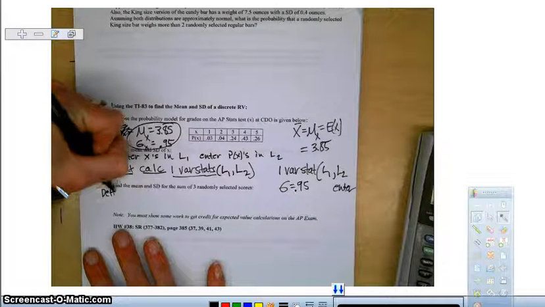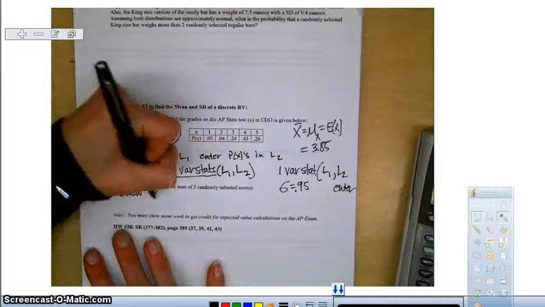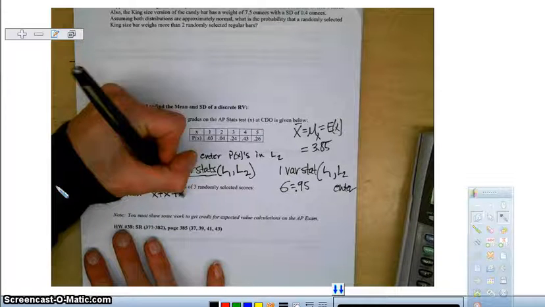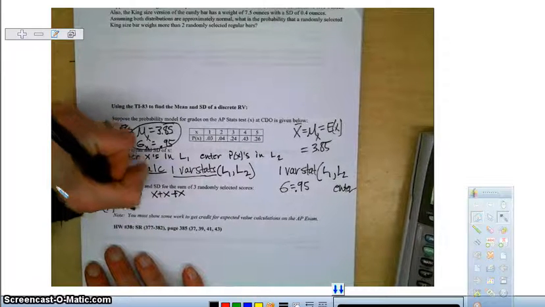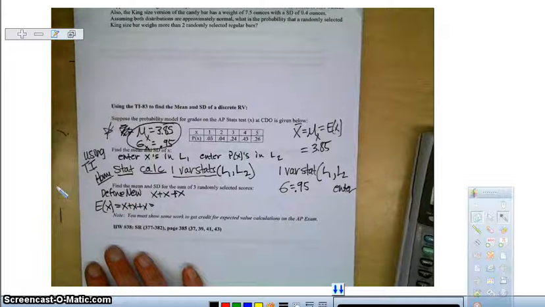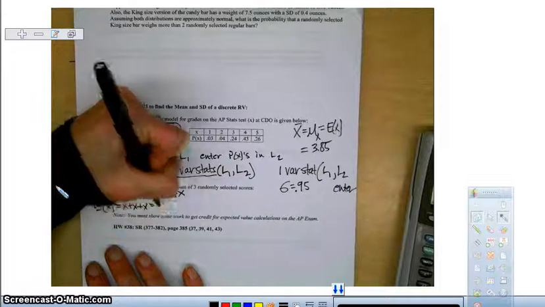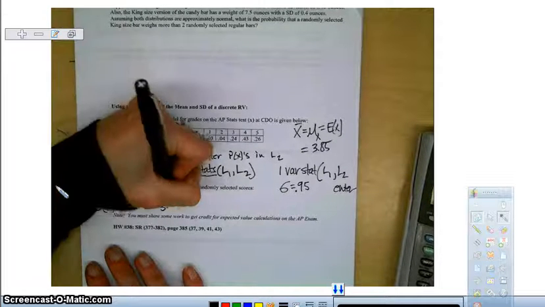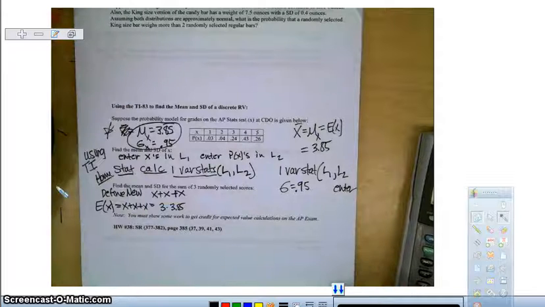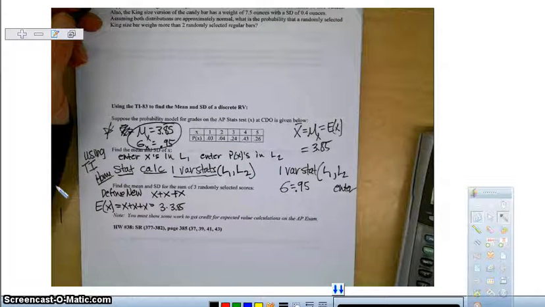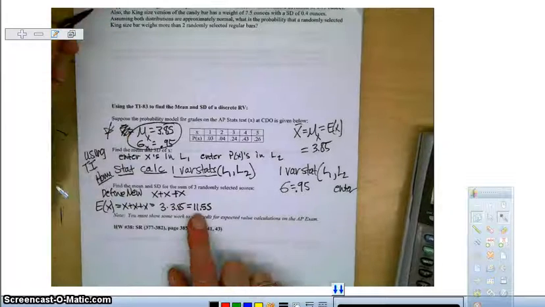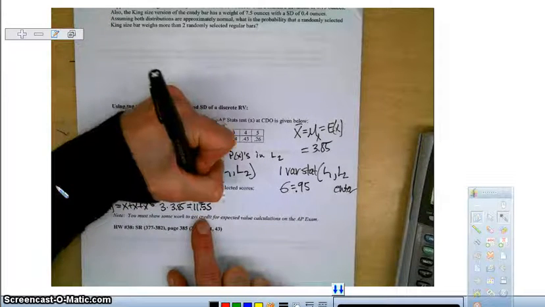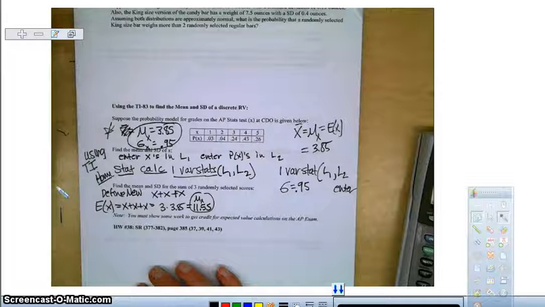X plus X plus X. The expected value of X plus X plus X would be what? 3 times 3.85, or 3.85 plus 3.85 plus 3.85. So 3.85 times 3 would be 11.55. That would be the mean of 3 randomly selected scores.